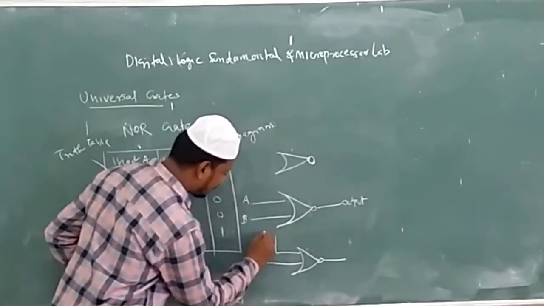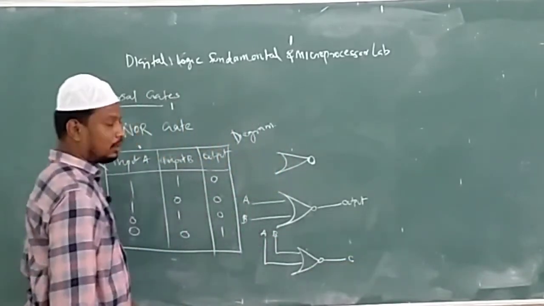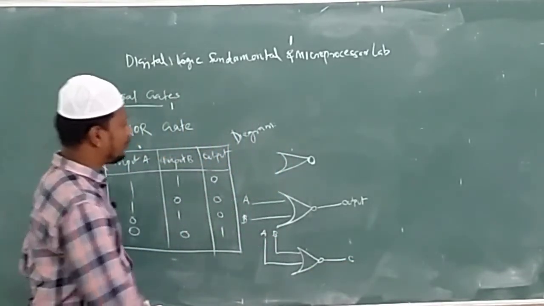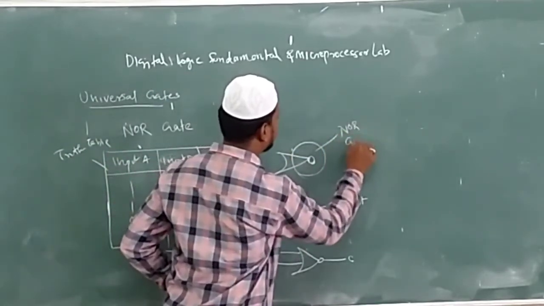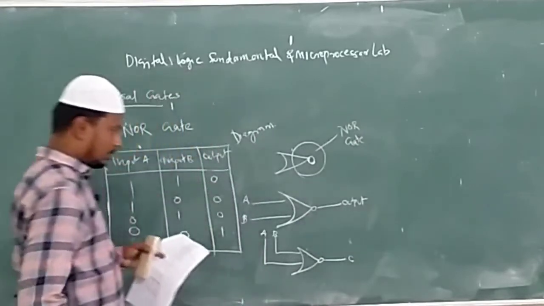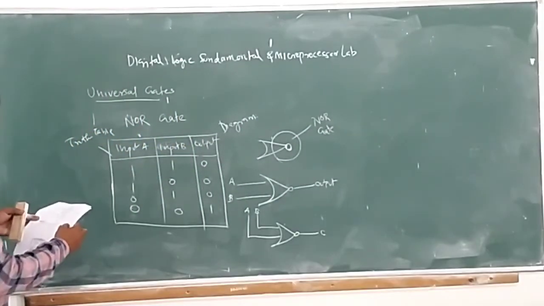For example, in the simplification, A value and B value give the output C. So, you can understand this symbol as the NOR gate. This is the universal gate category, the NOR gate and NAND gate.